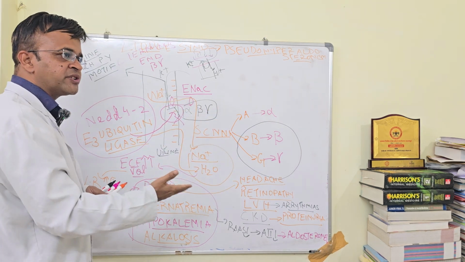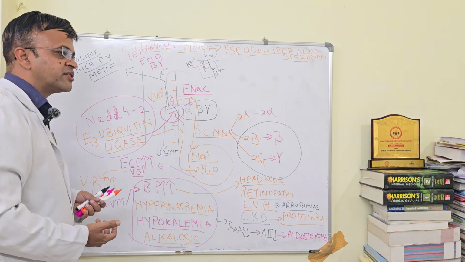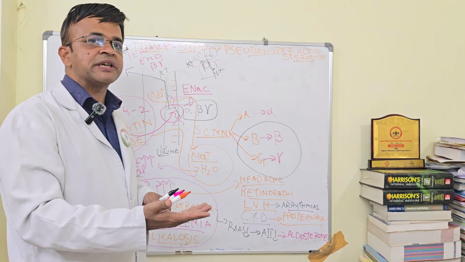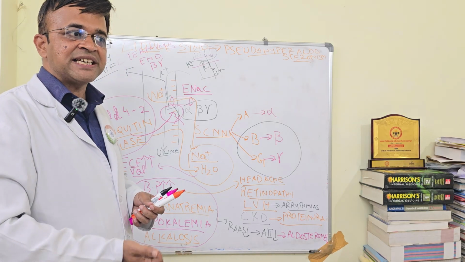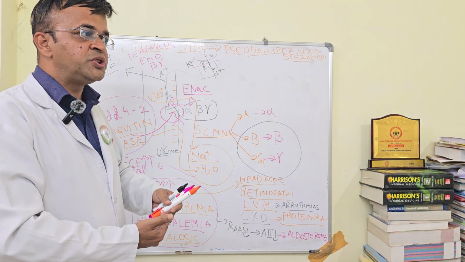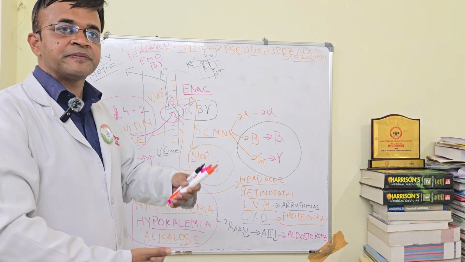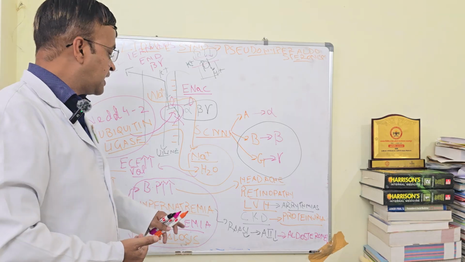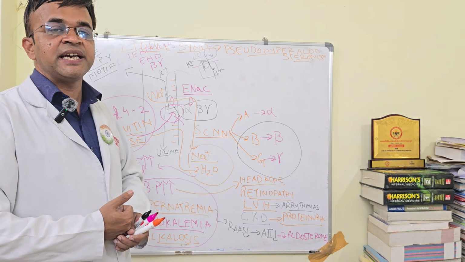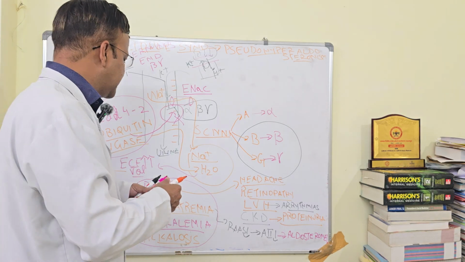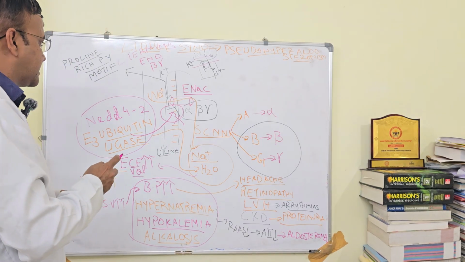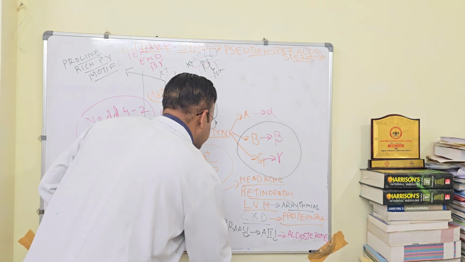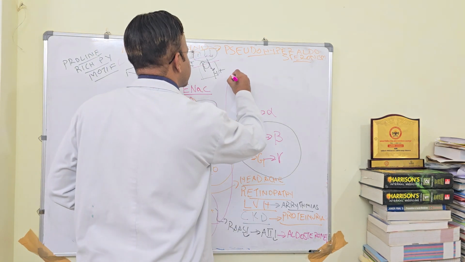So you will think that Liddle syndrome causes oliguria, but that's not the case. In Liddle syndrome, you get polyuria, and that polyuria is because of the hypokalemia. So why exactly does polyuria happen? We'll see.